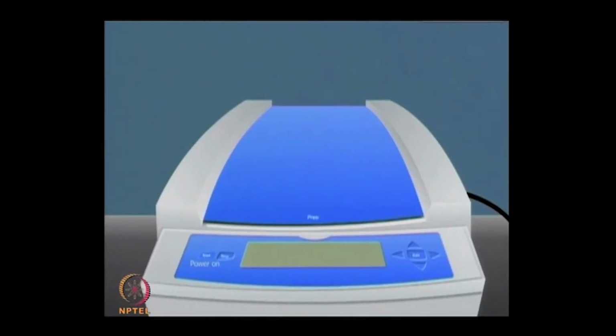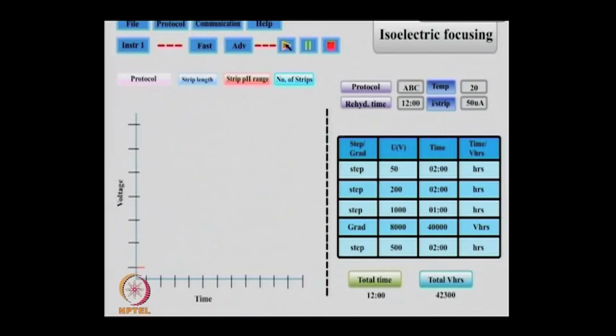You can input the desired protocol on the instrument software along with the details of strip length, pH range, number of strips, etc., and start the focusing process. You can monitor the focusing progress on the software, and you need to ensure that focusing is proper.